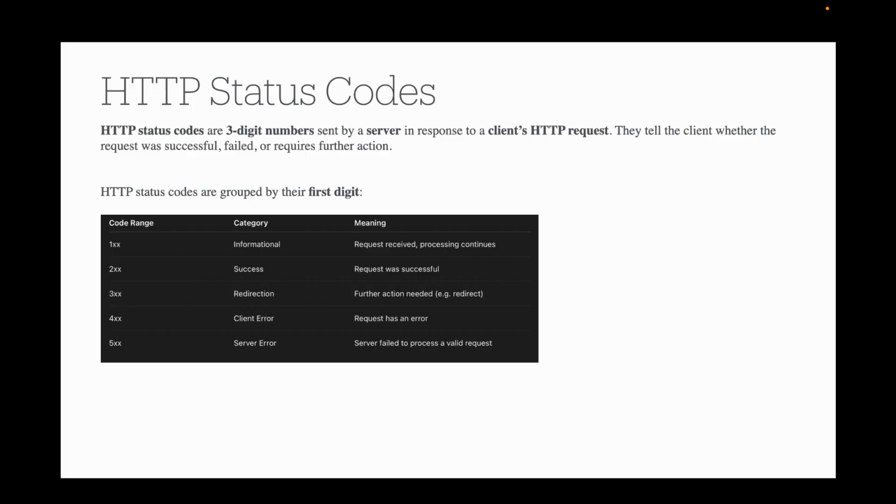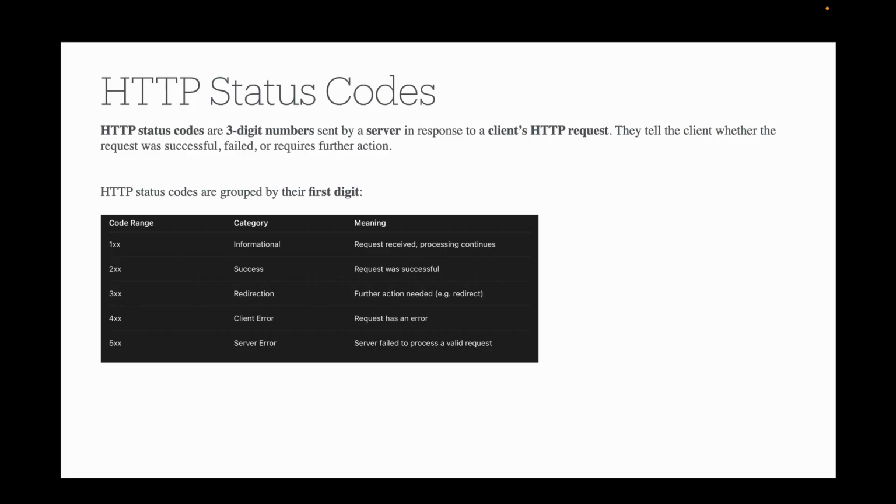Now each code has a meaning of its own. So let's say I have 100 as the status code. What does that mean? That means that the request is received by the server and it is processing the request. 200 means that the request was successful and the server has passed some response successfully.